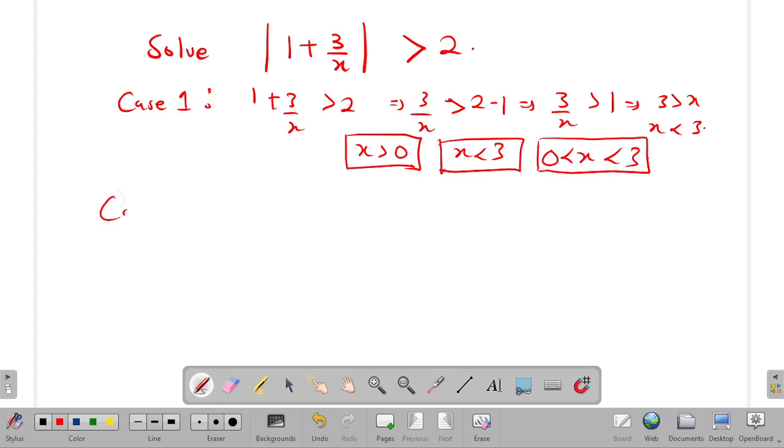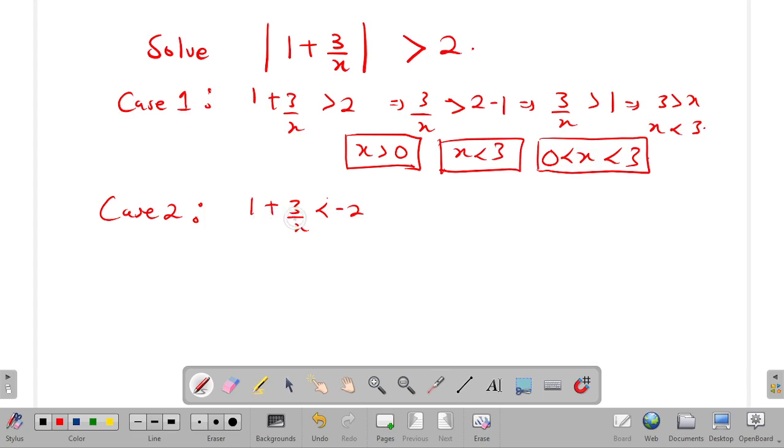Then case 2. For case 2, you're going to have 1 plus 3 over x is going to be less than negative 2, okay? Because for an absolute value, the outcome can be positive or negative, right? So the first case is for positive, the second case is for negative.